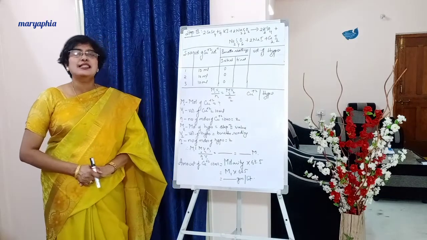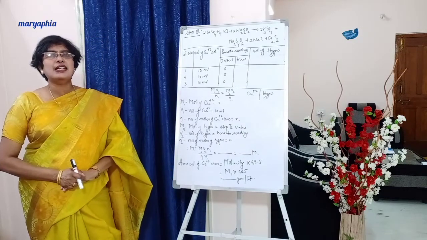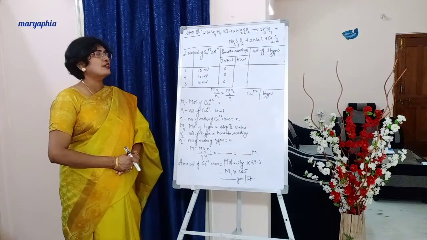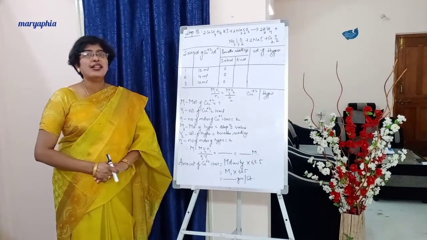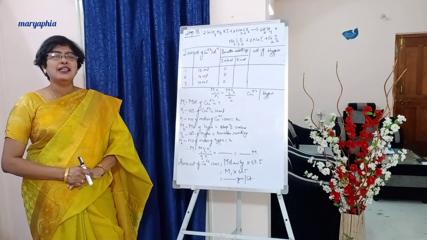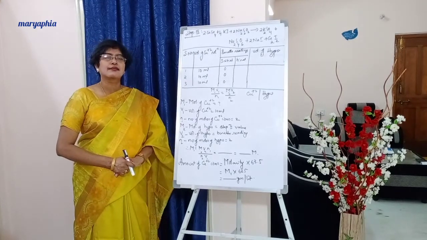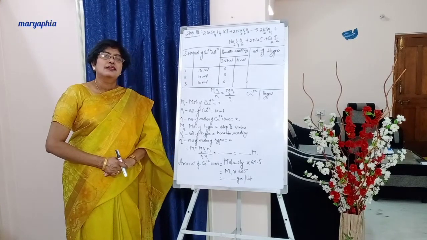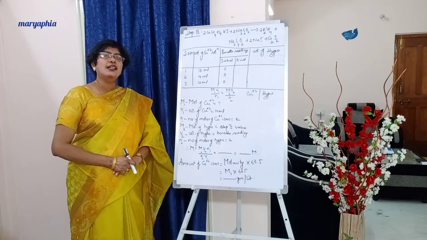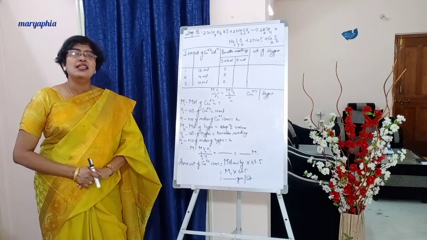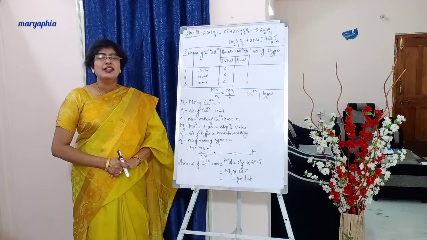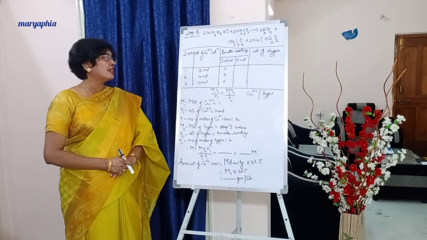Below comes the table. Serial number, volume of Cu2+ ion solution. Next, burette readings, initial, final, and the last column, volume of hypo. Serial number 1, 2, 3, volume of unknown solution 10 ml, 10 ml, 10 ml, initial 0, 0, 0.